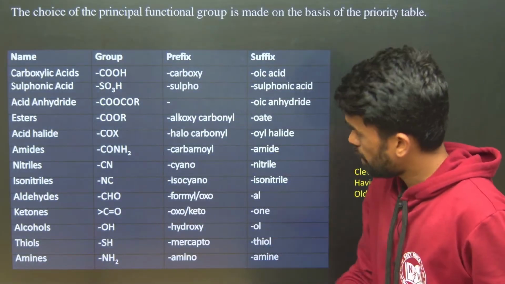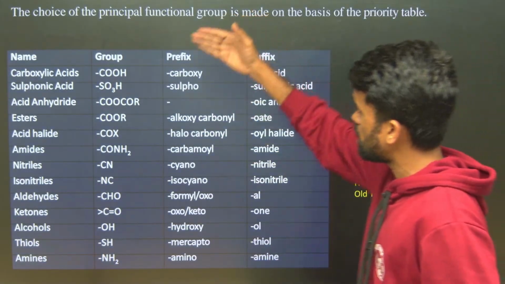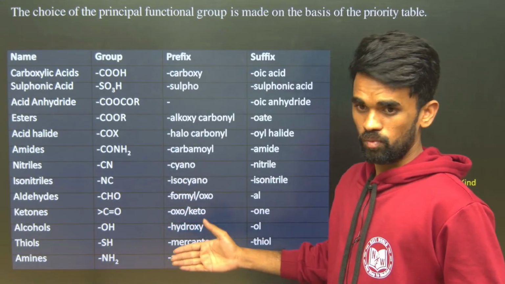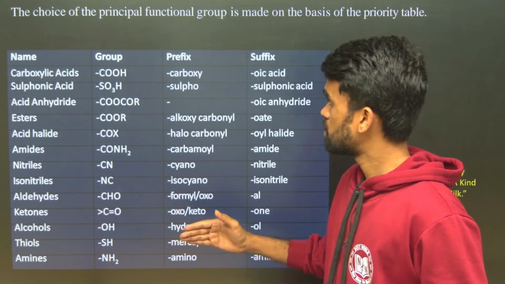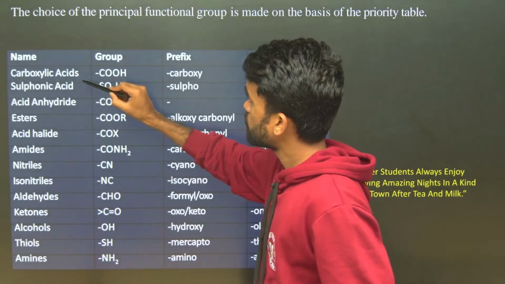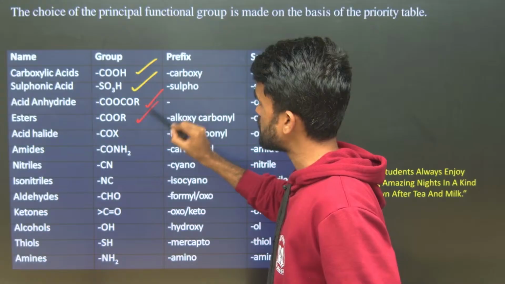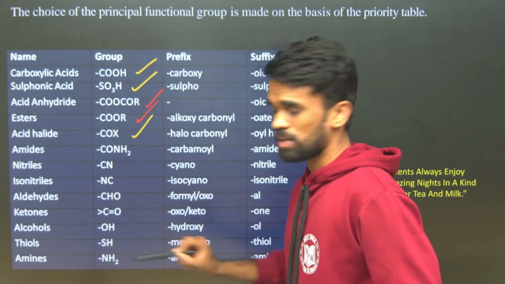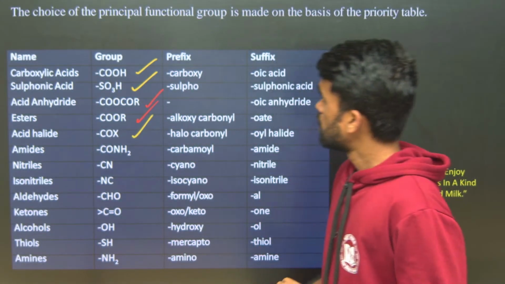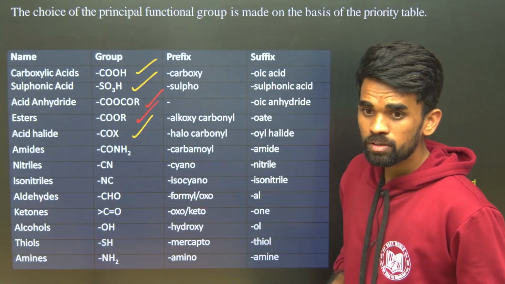Now, for more clarity, I have collected all the important functional groups that are required for us. Carboxylic acid, COOH, next sulfonic acid, acid anhydride, ester, acid halide, like this. Is it according to priority? Yes.